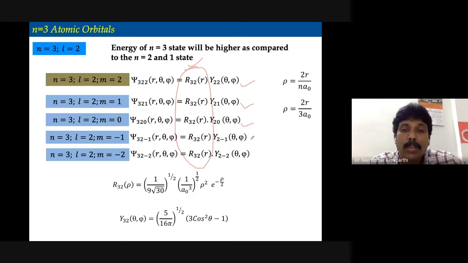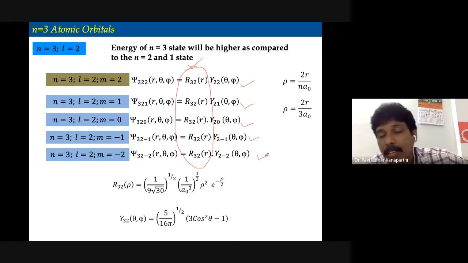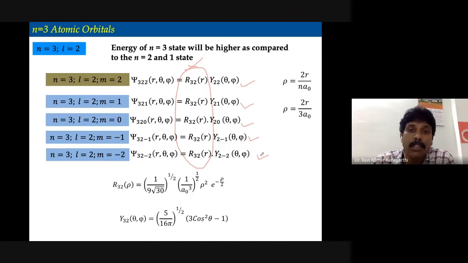So Y20, Y2 minus 1, Y2 minus 2. So the spherical harmonics function of each orbital is different, and they do not match with any of the others of the 5. That is why we see different appearances in three-dimensional space.